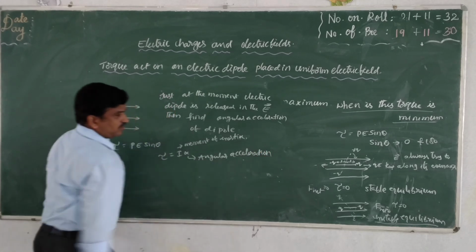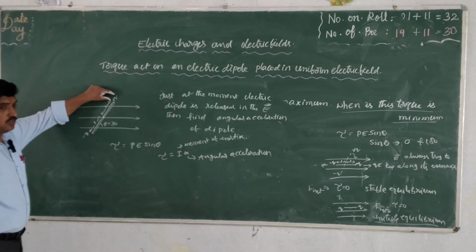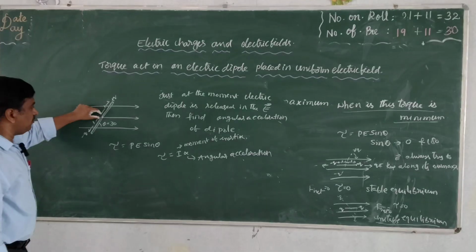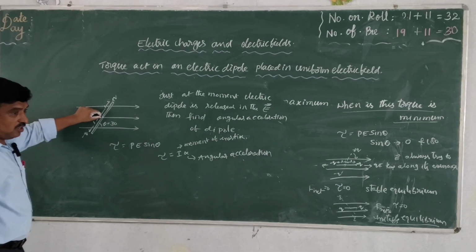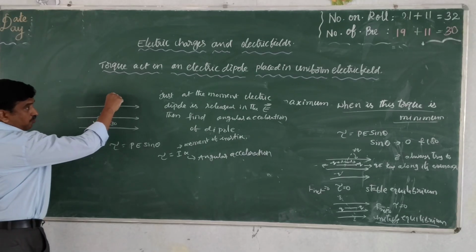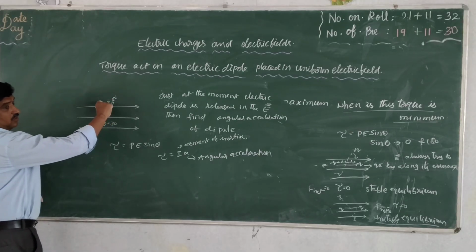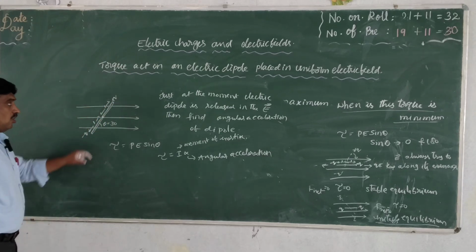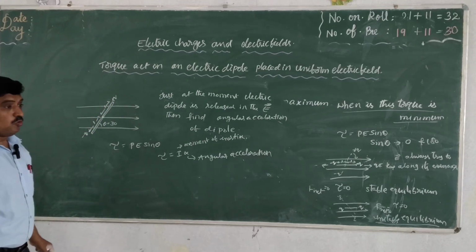For the moment of inertia, each charge q has mass, and there is a center of mass with some length between them. The product of mass and the square of the distance between the axis and the mass of the object is what we call the moment of inertia.